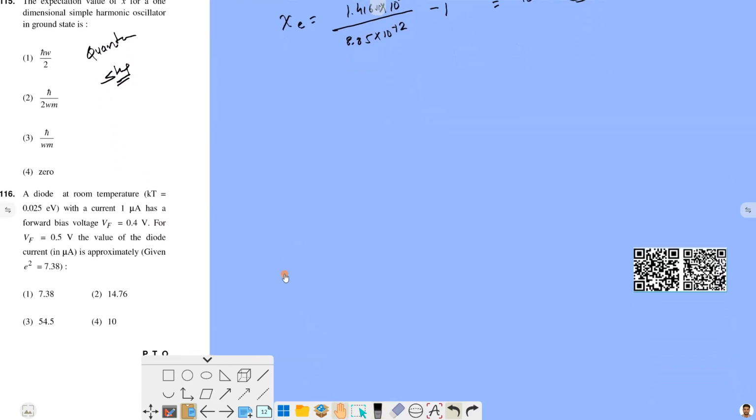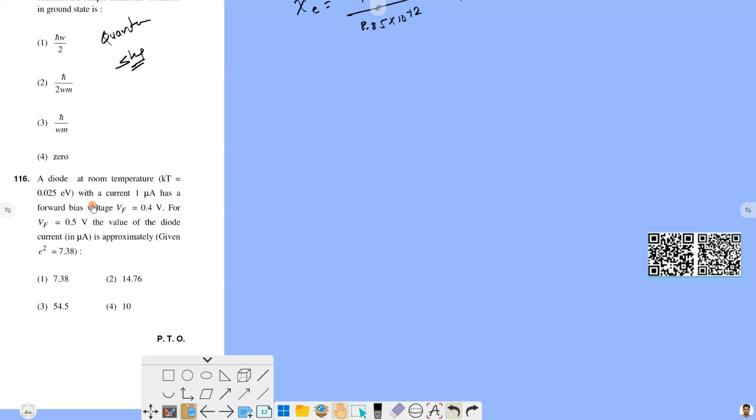The next one is related to diode, and we have to find out diode current. So here we have to use diode equation. We are going to skip it because this diode equation is not covered in the 11th, 12th. But for diode equation, we have I is equal to I naught e raised to power, I think it is eta V T or something divided by k something, minus 1.